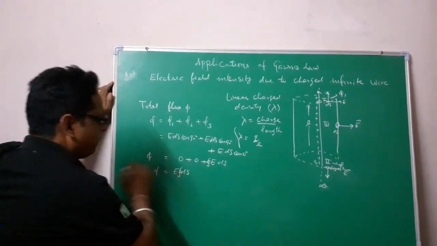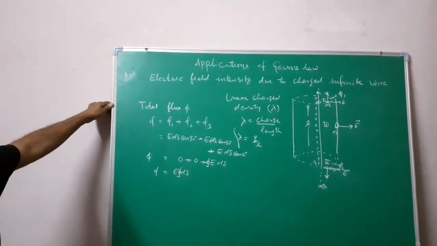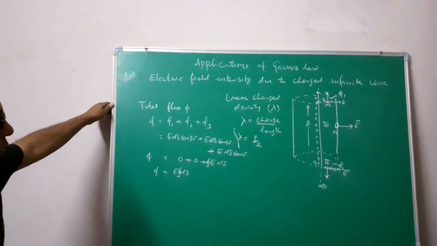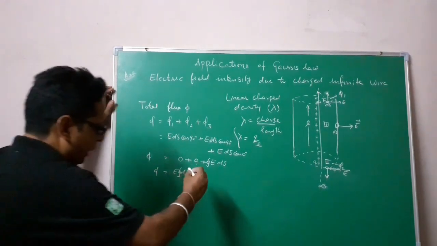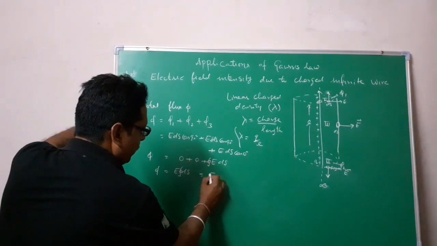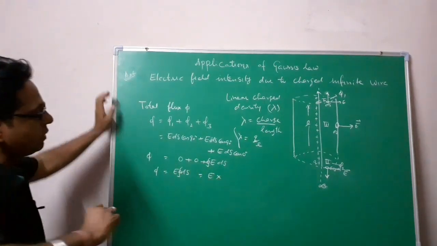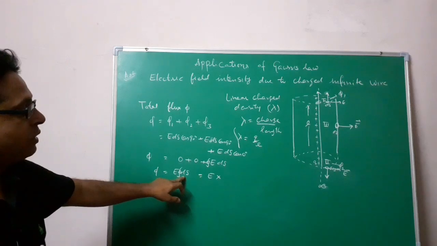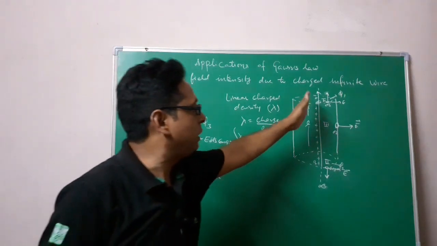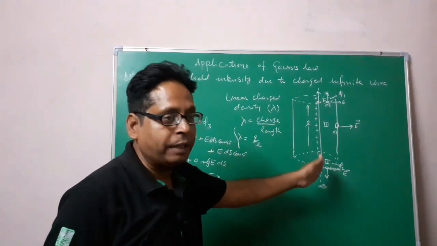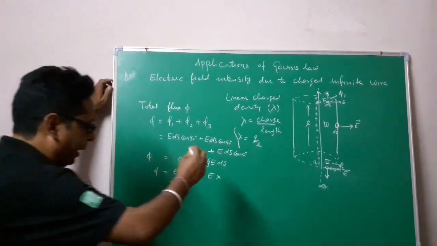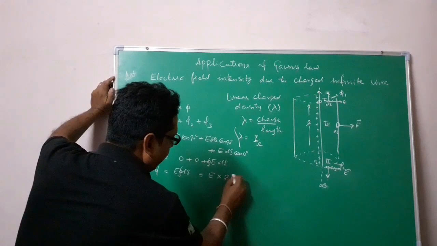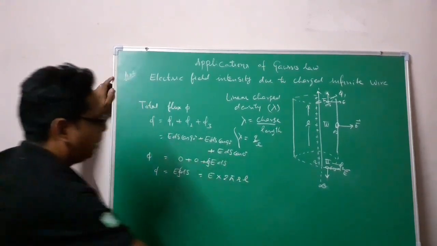So take E outside the integral. So E times the surface integral of dS. So E is taken outside. And what about this dS? dS means surface area. You know, this is a cylindrical wire. So the surface area of a cylinder is what? This is 2 pi R L, right?